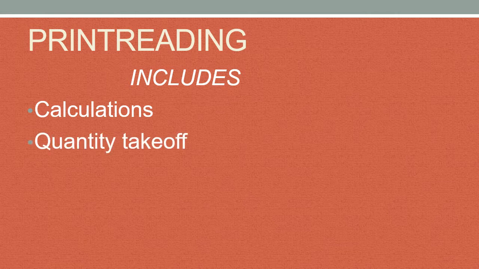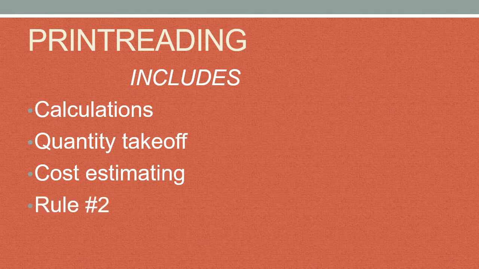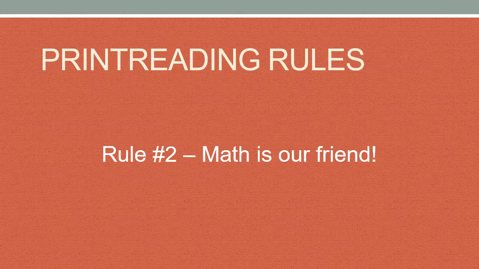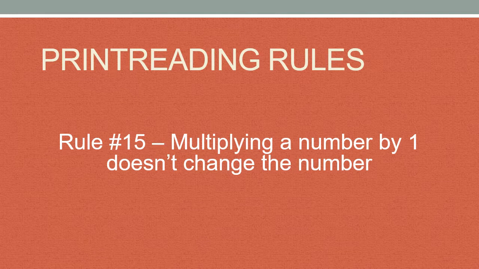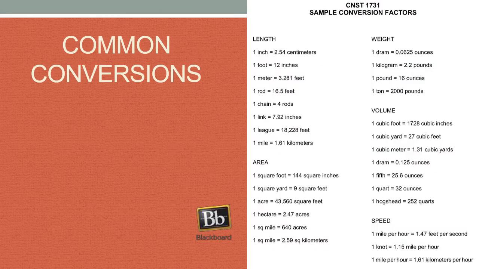So in addition to calculations, we may have to do quantity takeoffs or cost estimating, which leads us to rule number 2 of print reading and rule number 15. Rule number 2 is that math is our friend, and rule number 15 is that multiplying a number by 1 will not change the number. And this is especially important when we're dealing with conversions.